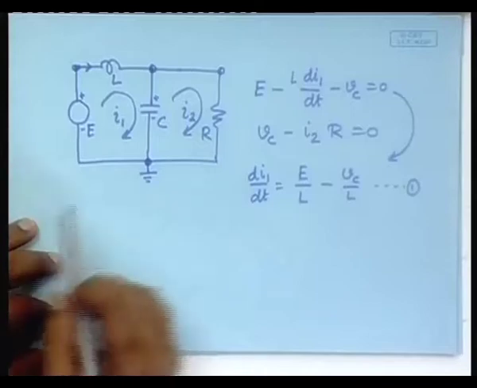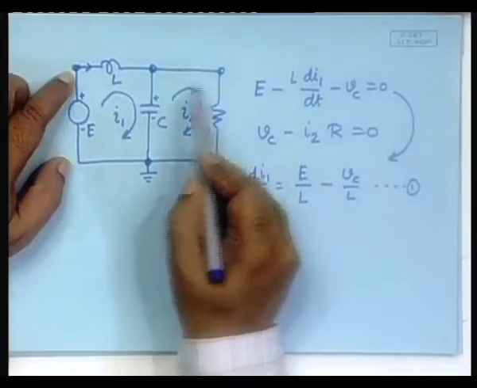So, if you apply the node voltage method, how many nodes are there? 1, 2, 3, but two of these are trivial, so I will apply it here.